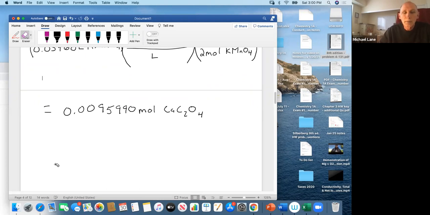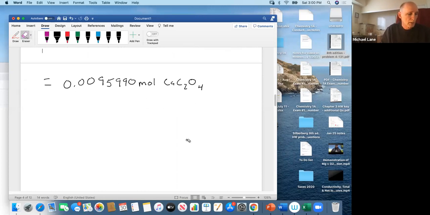This tells us the number of moles of calcium oxalate, and therefore the number of moles of calcium chloride, because all of the calcium oxalate originally came from the precipitation with the calcium chloride. So ultimately, this is going to lead us to the number of moles of calcium chloride, and I think that is my next step.